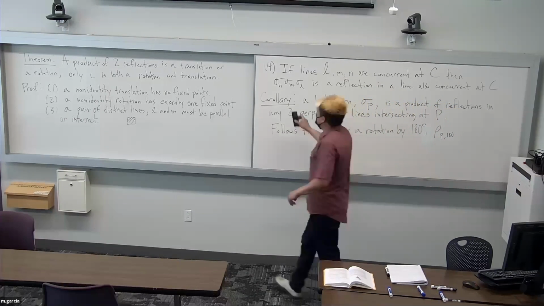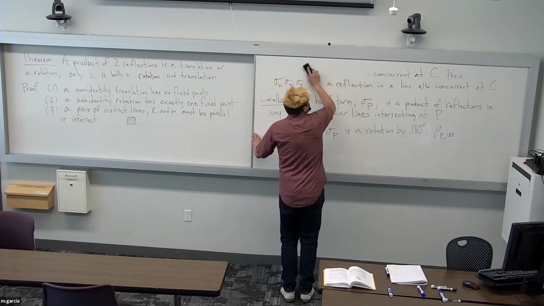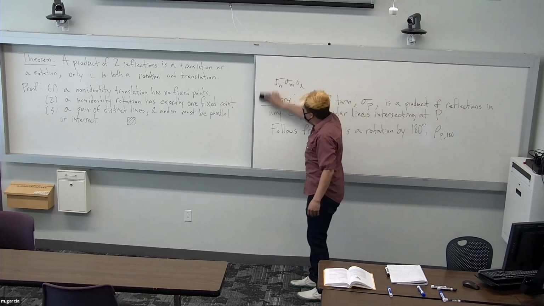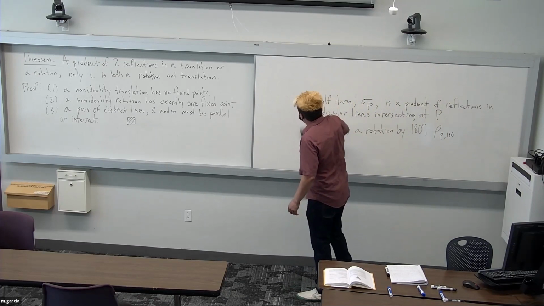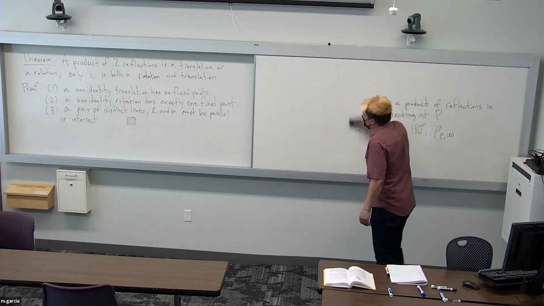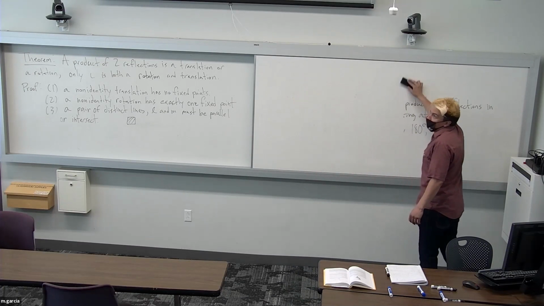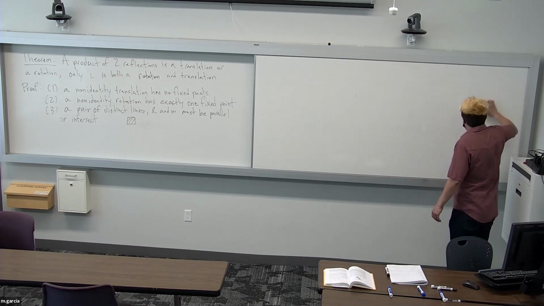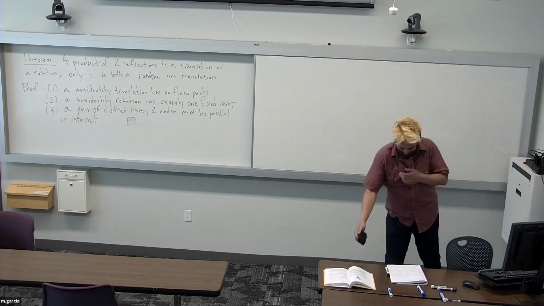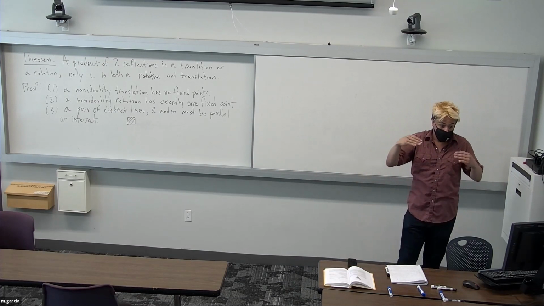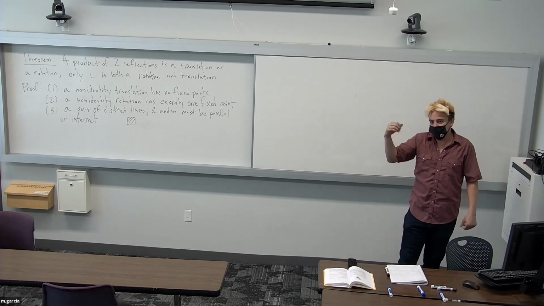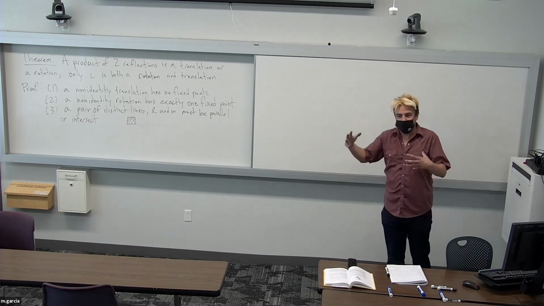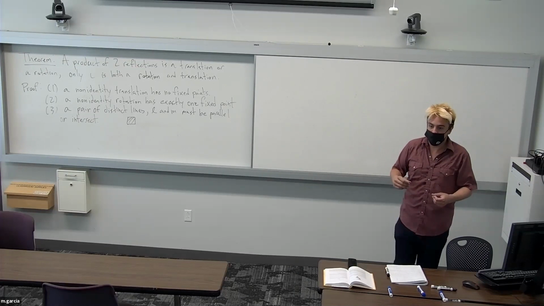Okay? And this might seem kind of mundane, but it really all hinges on our result from last week, or perhaps a week and a half ago, that all isometries are a product of at most 3 reflections, right? So we're well justified in this step-by-step process of what happens when there's 1 reflection, what happens when it's a product of 2 reflections, and now we'll get to a product of 3 reflections.